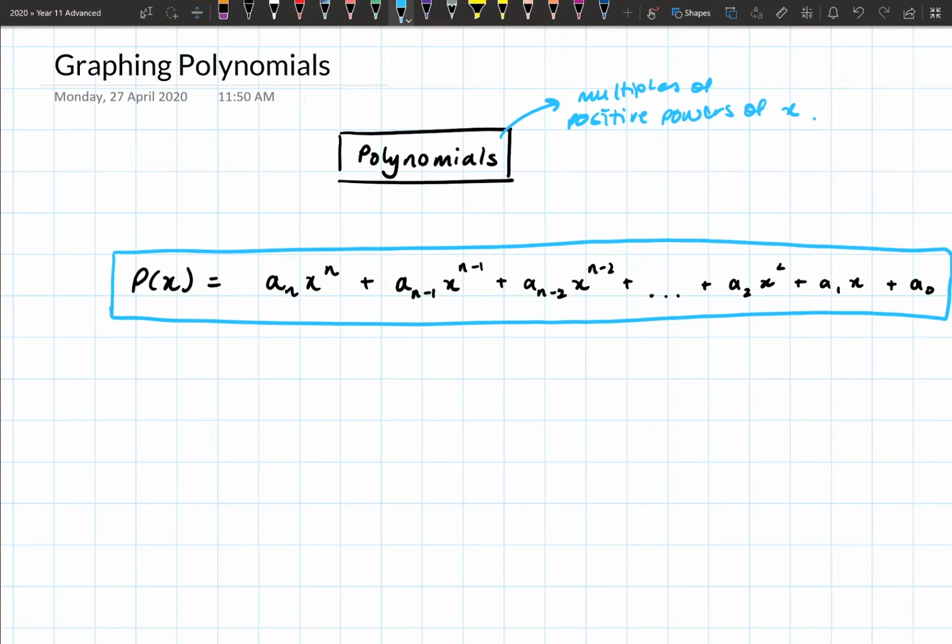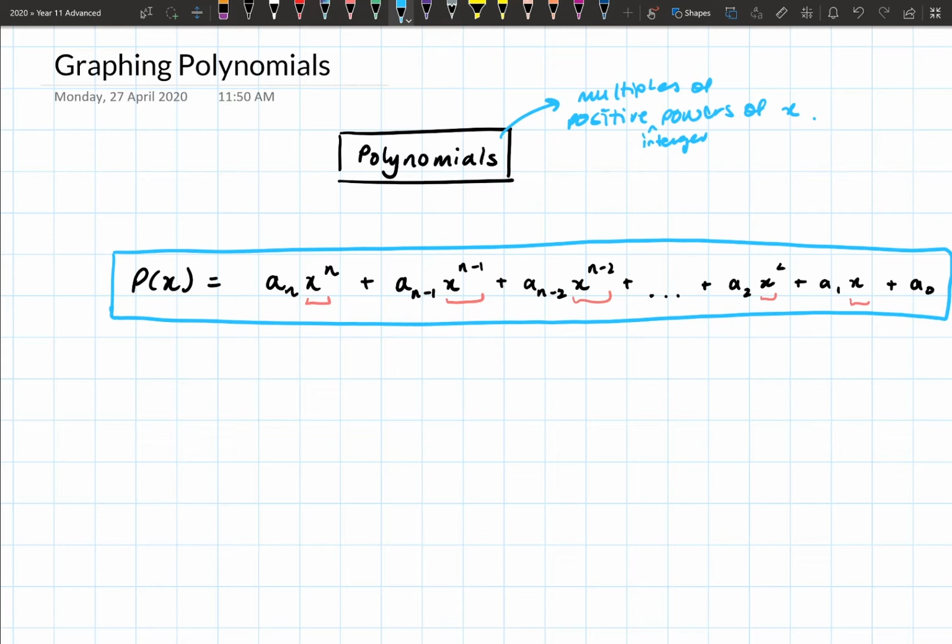If you have a look at all the terms here, I've got x^n, x^(n-1), x^(n-2), x squared, x, and a constant term which doesn't have an x in it. All of these powers, n, n minus 1, n minus 2, 2, 1, are positive integer powers. I forgot to put that in. It's meant to be integer powers as well.